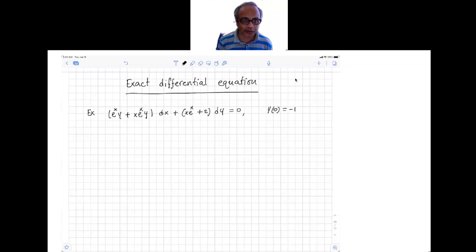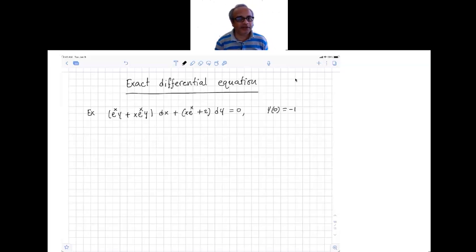When the equation is in this form, you assume that the solution is given by an implicit function and denote this implicit function by the Greek letter psi. You can use any other letter, it doesn't matter. So assume that psi equal to c is the implicit solution. Psi is a function of x and y.